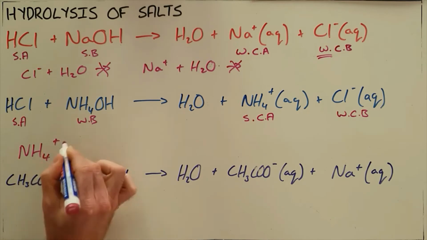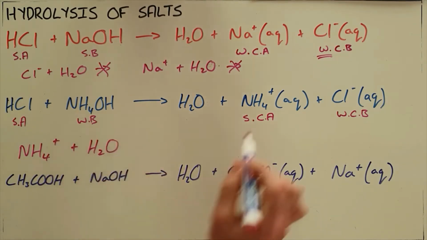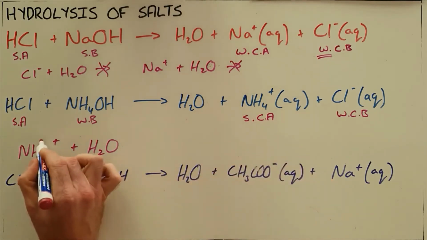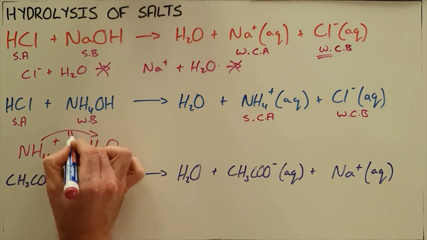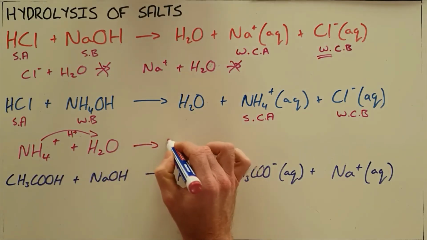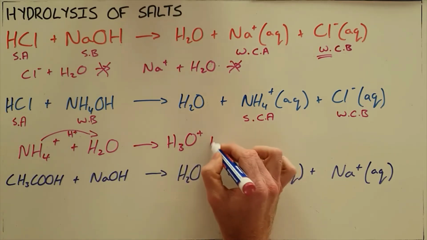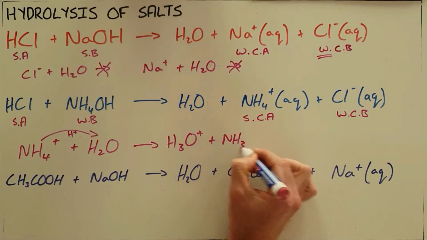ion, and we are going to see that the ammonium ion undergoes hydrolysis with water because it is a strong conjugate acid, meaning it is capable of donating a proton. Since it can donate a proton to water, it will form more hydronium ions and some ammonia.